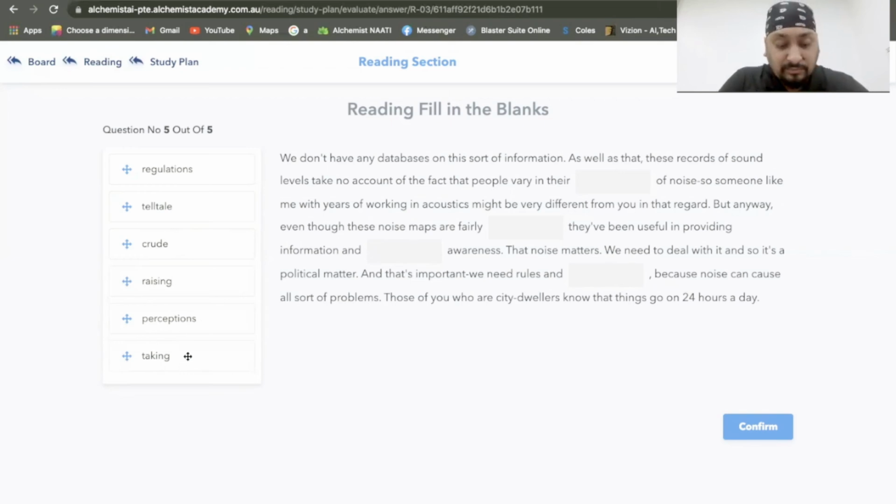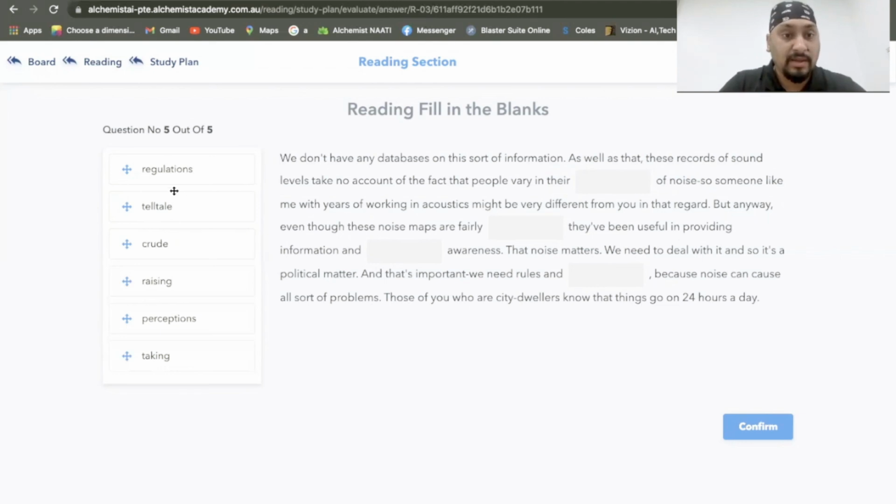We don't have any databases of this sort of information, as well as these records of sound levels that take no account of the fact that people vary in their dash of noise. Someone like me with a few years of working in acoustics might be very different from you in that regard. In their dash, there is a word which will definitely go into plural.